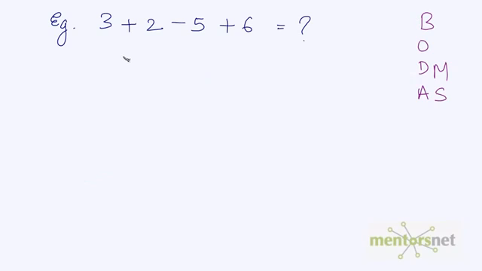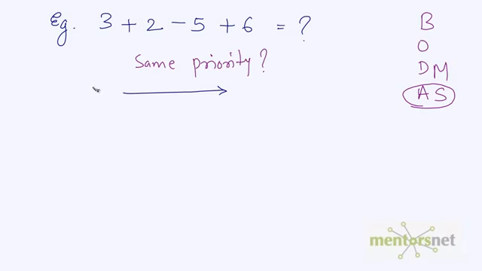Let us solve another expression. Now in this expression you have operators with the same priority. You have addition and subtraction, which have the same priority. So whenever you have the same priority, you go from left to right. So we'll solve first 3 plus 2.